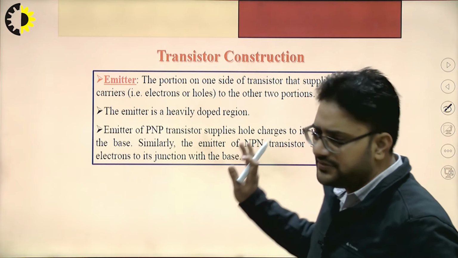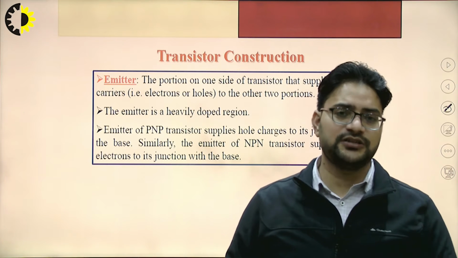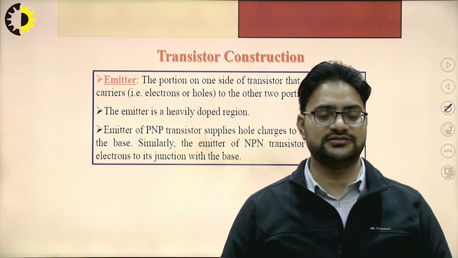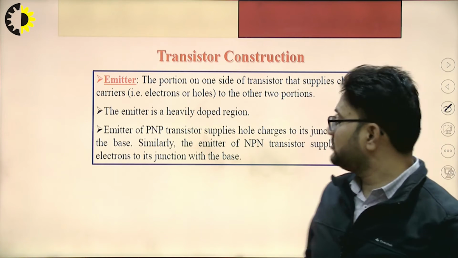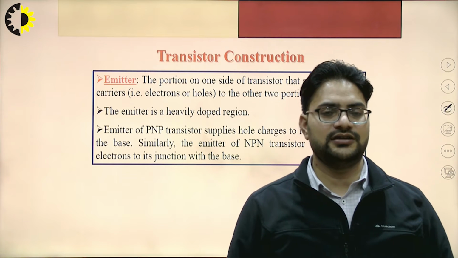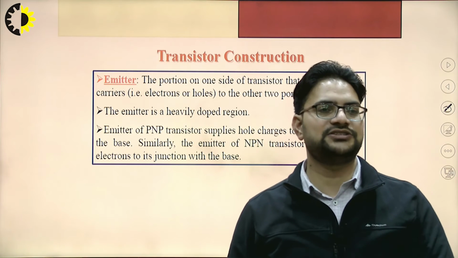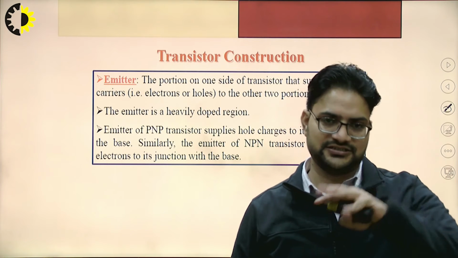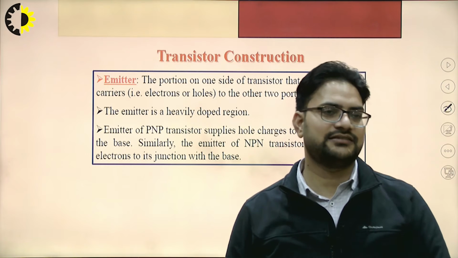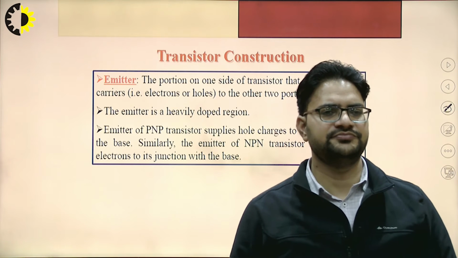If I talk about the basics of this transistor, the emitter is one side of the transistor, and it will supply the charge carriers to the other two sides, that is base and collector.